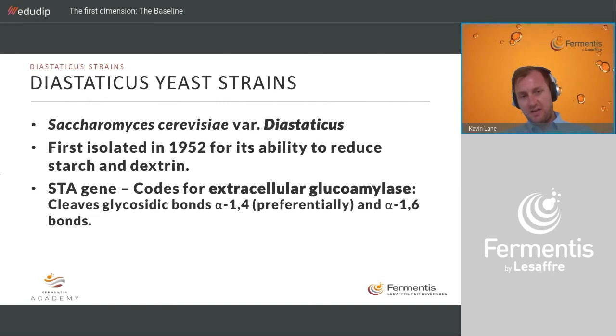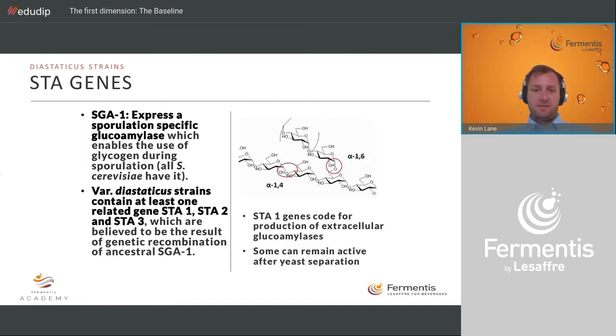So that's really the definition of Diastaticus. It's the ability to produce the extracellular glucoamylase.